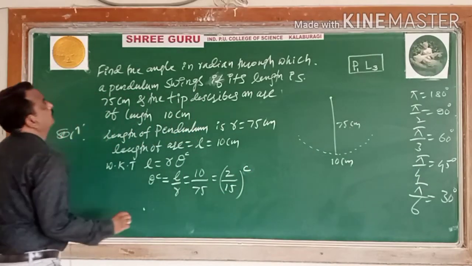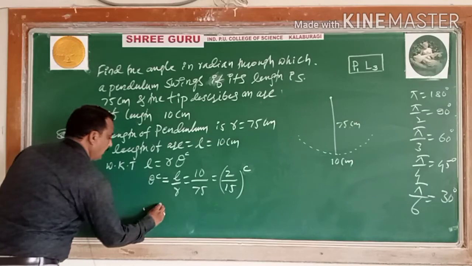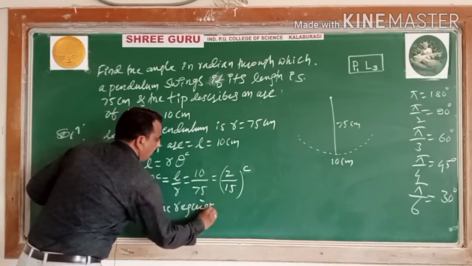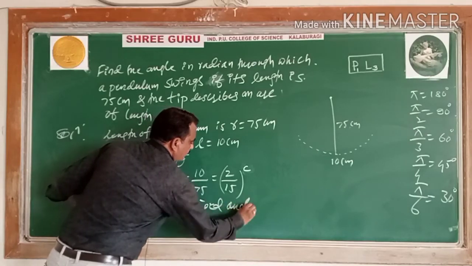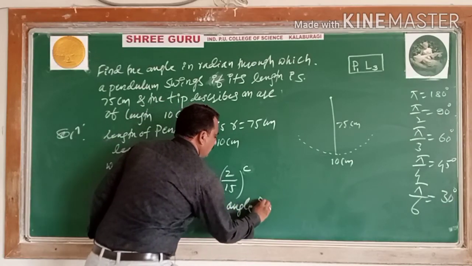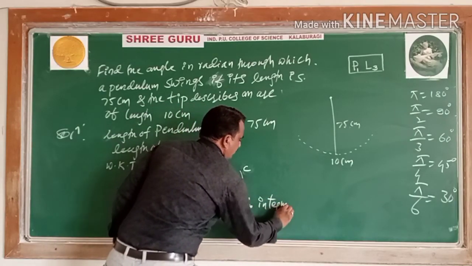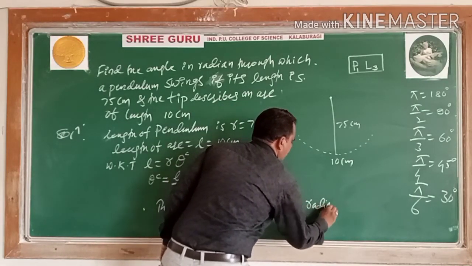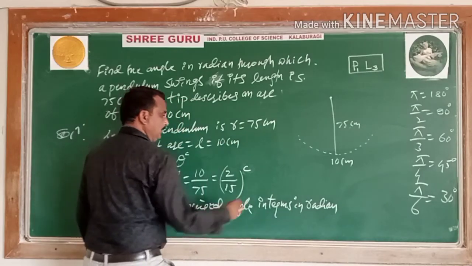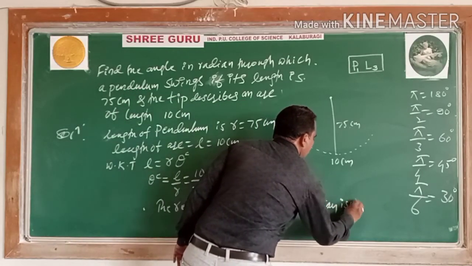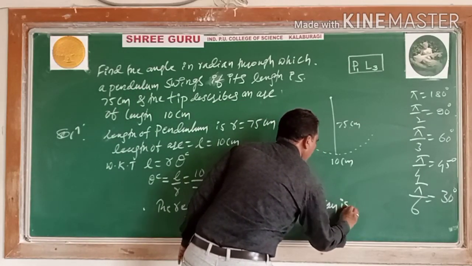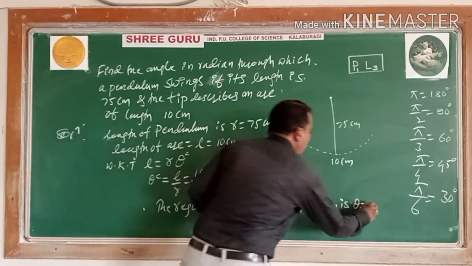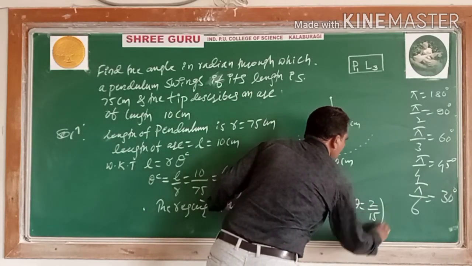Therefore, the required angle in radian is theta is equal to 2 by 15, remain as it is.